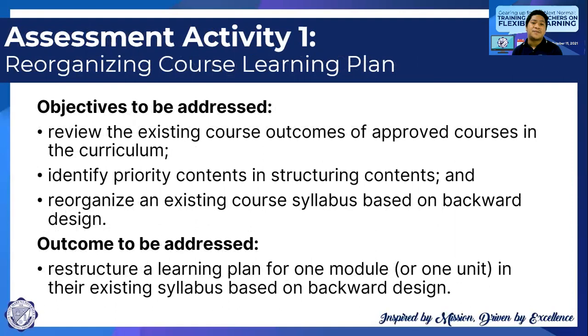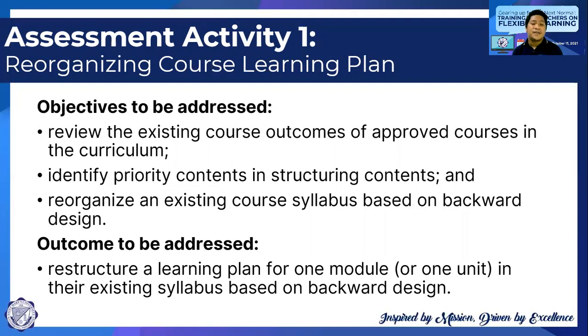Another activity for this module is the assessment activity, and this is a major output for this training: reorganizing your course learning plan. The objectives to be addressed here are the following: review the existing course outcomes of approved courses in the curriculum, identify priority contents in structuring contents, and reorganize an existing course syllabus based on backward design.